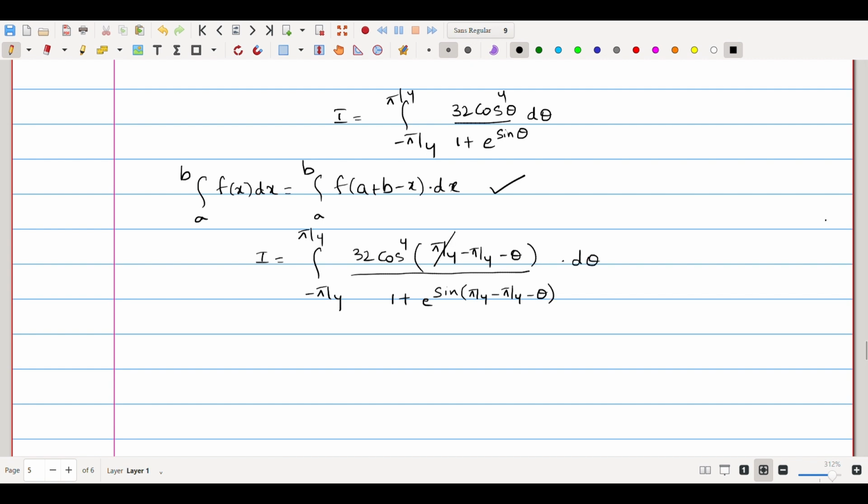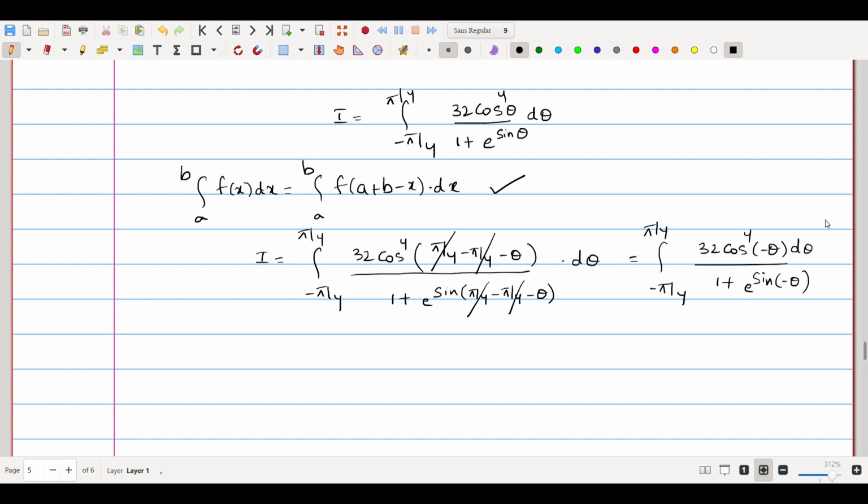If you cancel pi by 4 minus pi by 4, we get the integral from minus pi by 4 to pi by 4 of 32 cos^4 of minus theta d theta by 1 plus e^sin of minus theta.